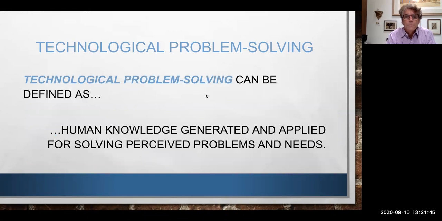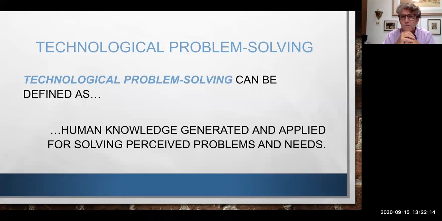Technological problem solving can be defined as human knowledge generated and applied for solving perceived problems and needs. So that's a pretty good, simple definition. That pretty much seems like an explanation of any problem.